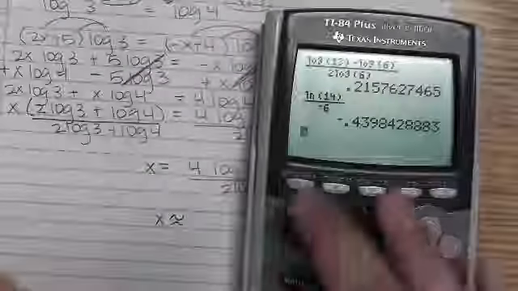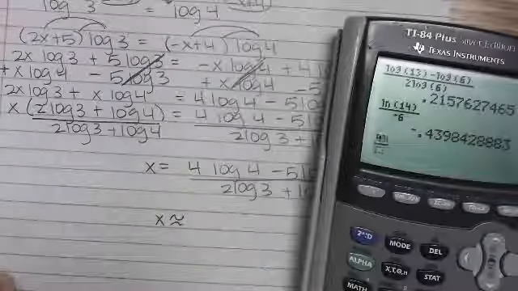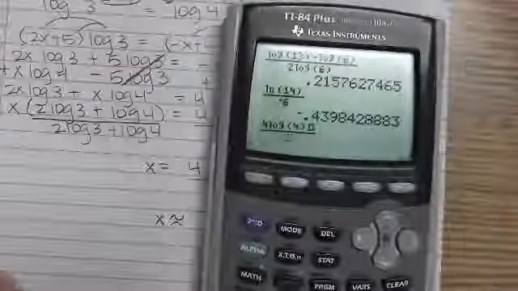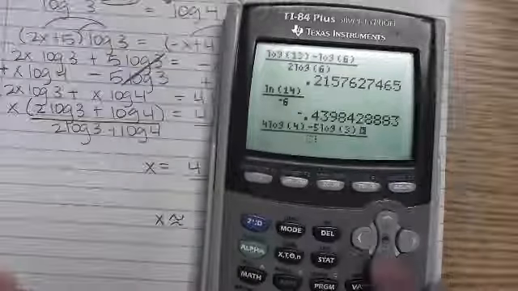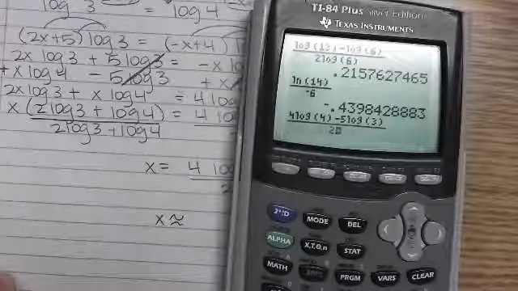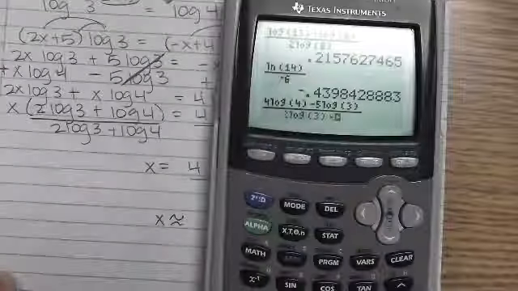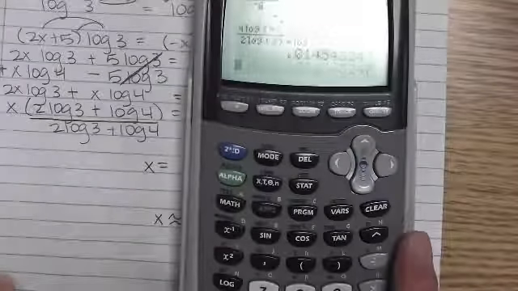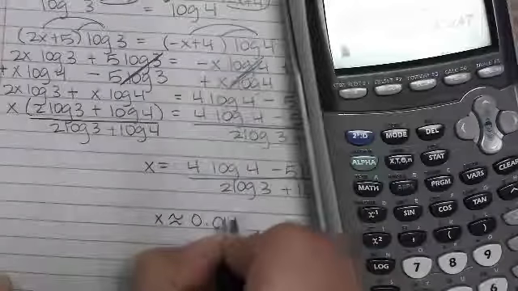And then for the approximate value, we would actually plug that in. So 4 log 4 minus 5 log 3 divided by 2 log 3 plus log 4. So that is approximately 0.015.